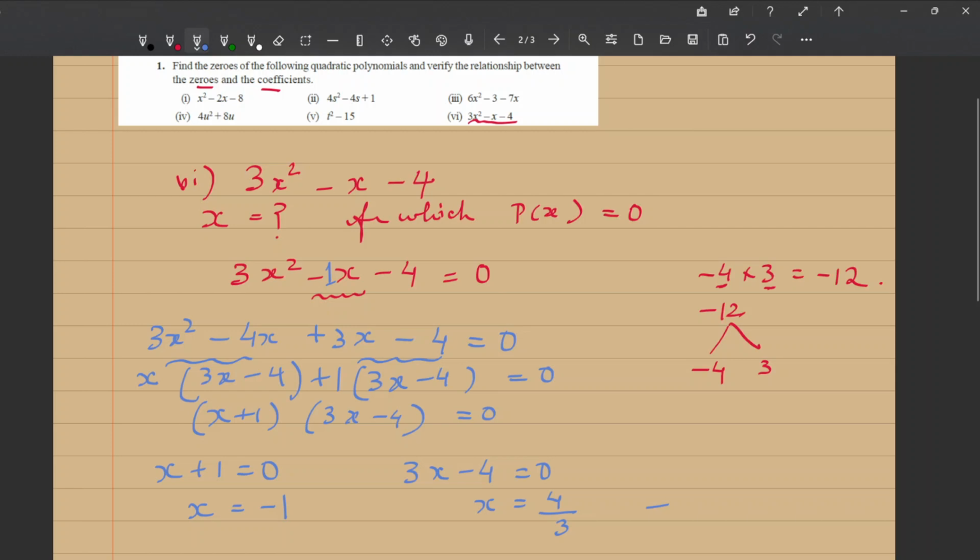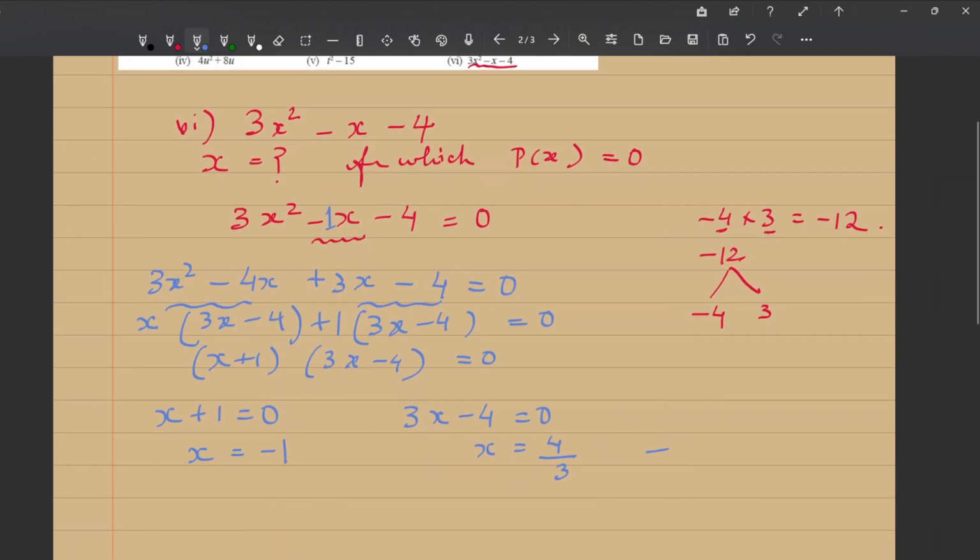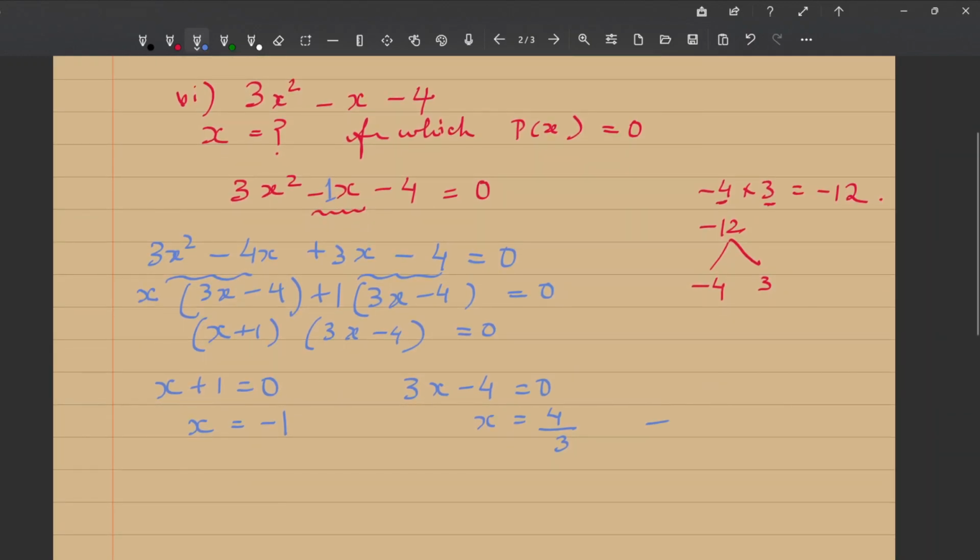Now, for verifying the relationship between the zeros and the coefficients, this equation is in the form ax squared plus bx plus c, right? So, a is equal to 3, these are the coefficients, b is equal to minus 1 and c is equal to minus 4.